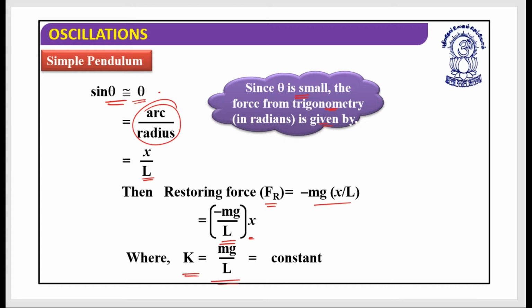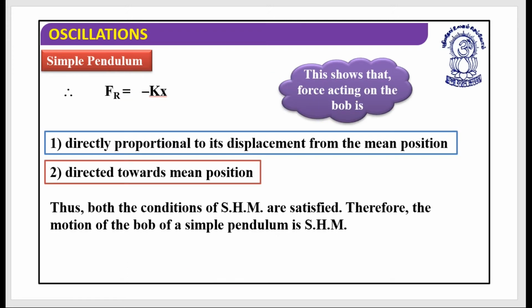From this, the constant k equals mg by L. So the force F equals minus kx, and this force is proportional to its displacement from the mean position and is directed towards the mean position, so these two conditions satisfy the conditions of SHM.